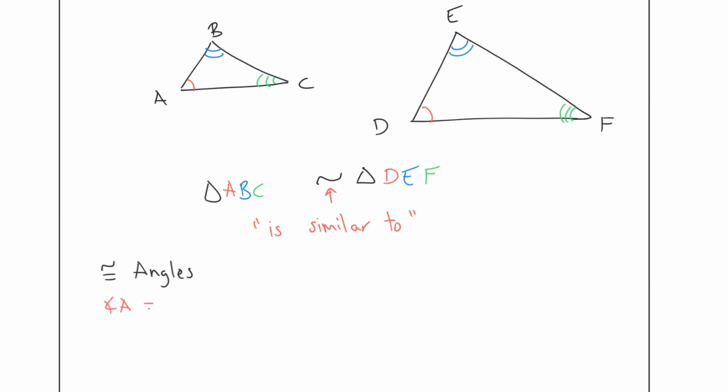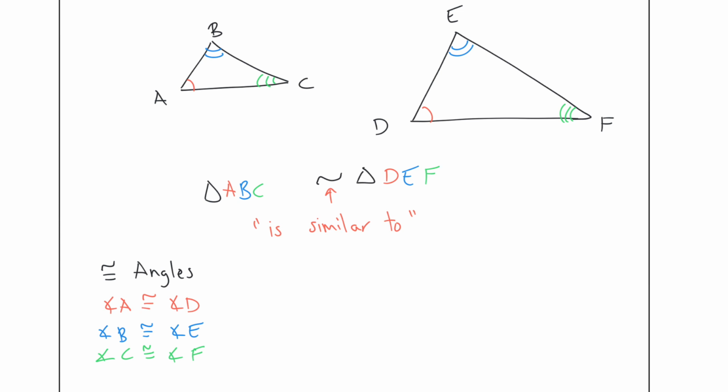Angle A will be congruent to angle D. Angle B is congruent to angle E. And the last one, angle C, is congruent to angle F. All right, so that's the property regarding the angles.